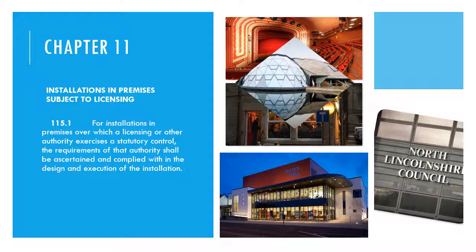They can add to it, they can increase the specification, and if we don't comply to that, they simply won't issue the license. So, such as a theatre, a swimming baths, a leisure centre, we need to refer to the local authority building control section as well for any of their own special requirements.